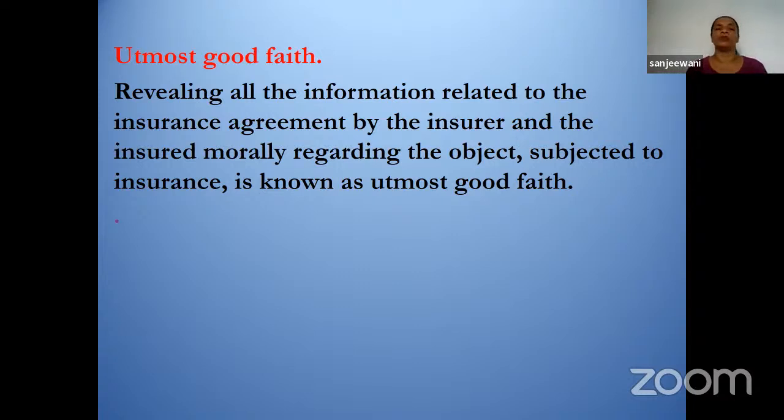And the insurance institute should also tell everything about the policy you are going to obtain: you will get this, you will not get that. They need to tell everything. So revealing all the information from both parties is known as utmost good faith. That is, revealing all the information related to the insurance agreement by the insurer and the insured, morally, regarding the object subjected to insurance, is known as utmost good faith.